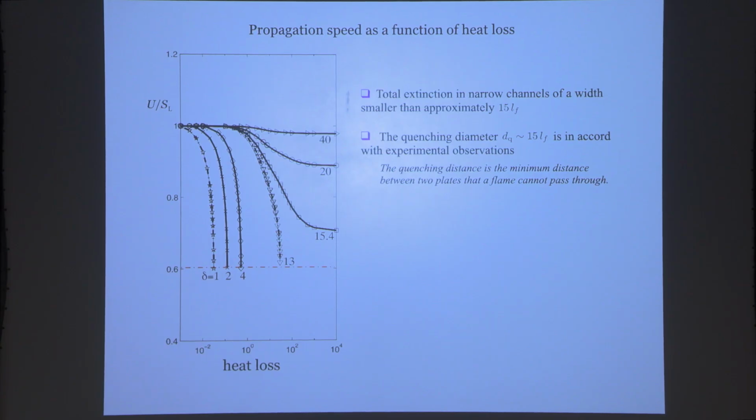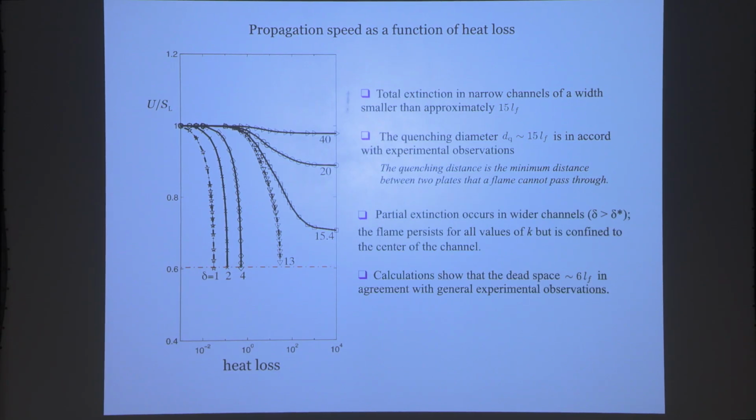The quenching distance, as I described before, is the minimum distance between two plates that a flame can pass through. And then you have partial extinction in those cases.